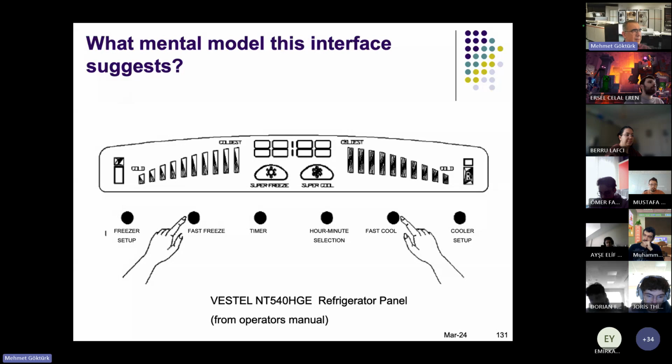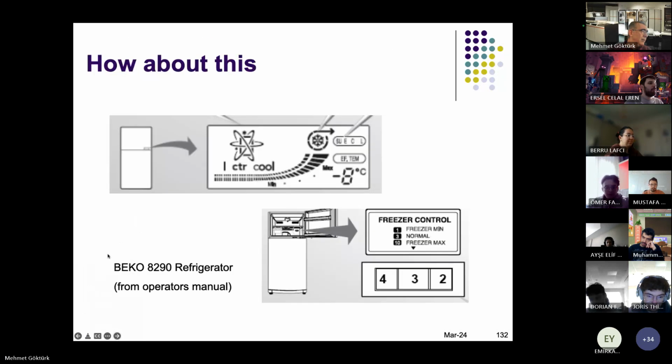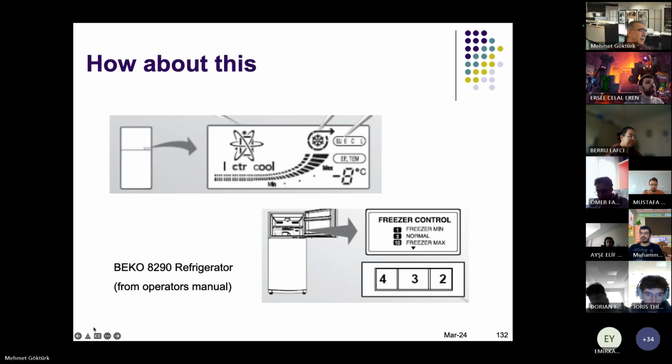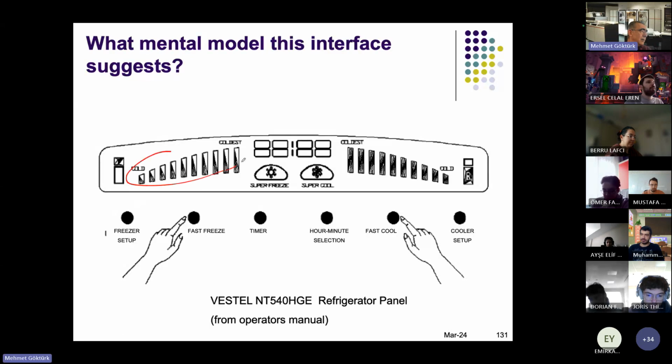In this interface, our mental model is formed largely by the left and right parts corresponding to the top and bottom parts. And the things that you see here are lights.